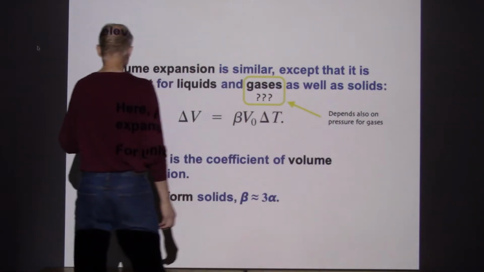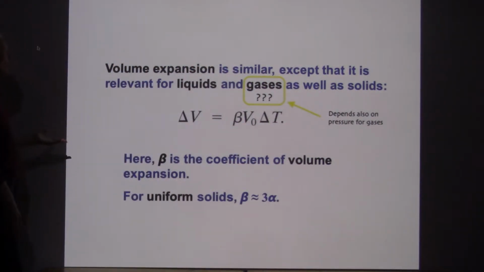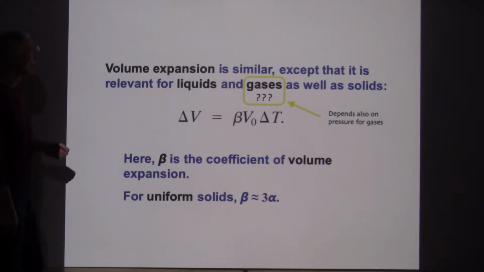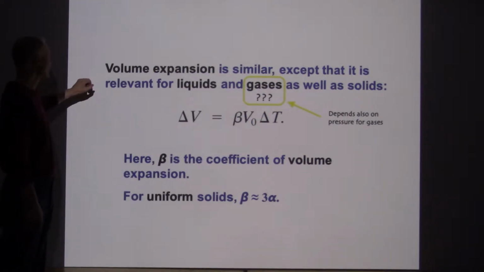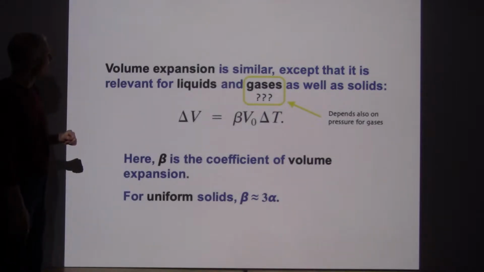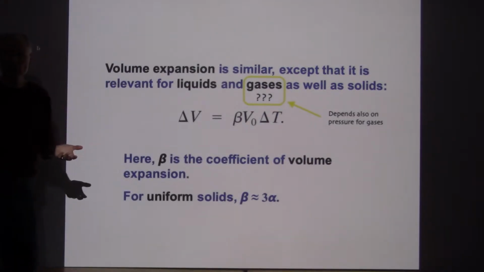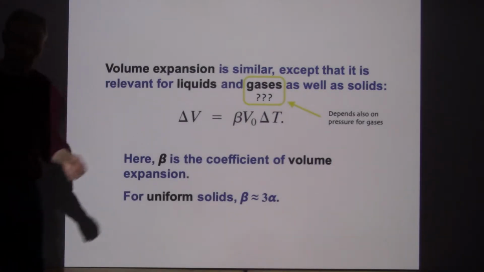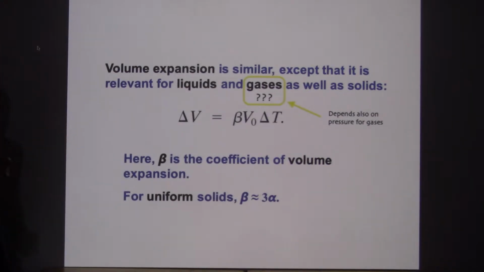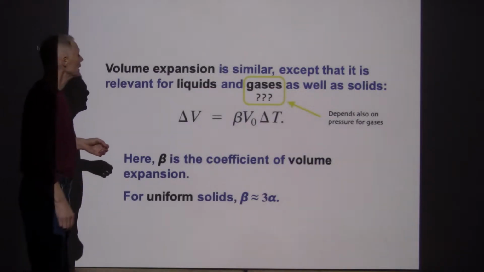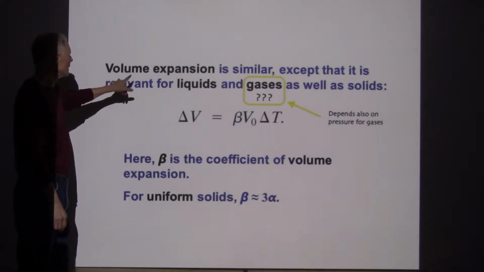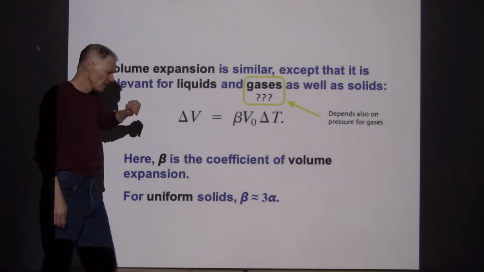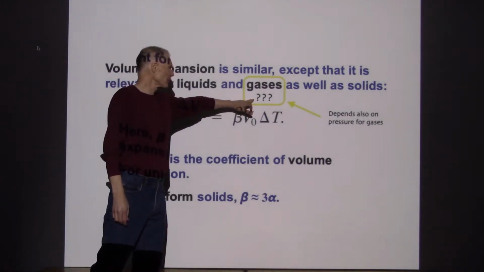So volume expansion, now we've already talked about volume expansion, so we can move through this pretty quickly, I think. Volume expansion is similar to the linear thermal expansion. We were looking at both types last presentation. So the volume expansion is going to be relevant for liquids, and again, it's really not useful for gases.